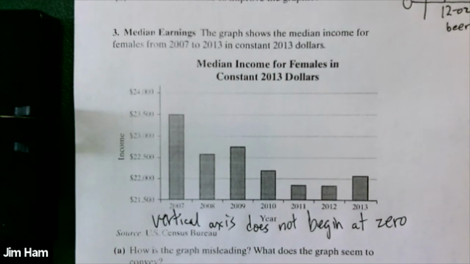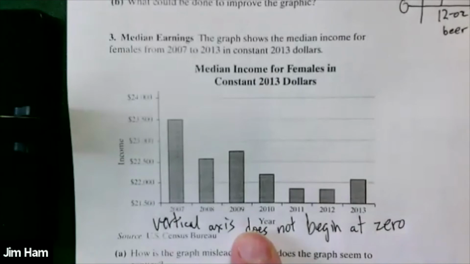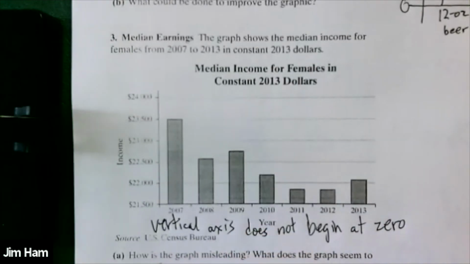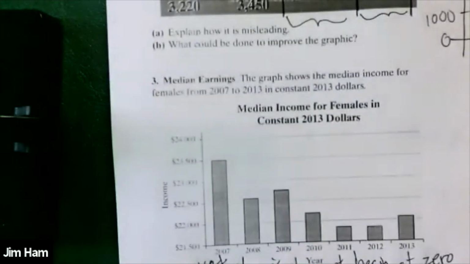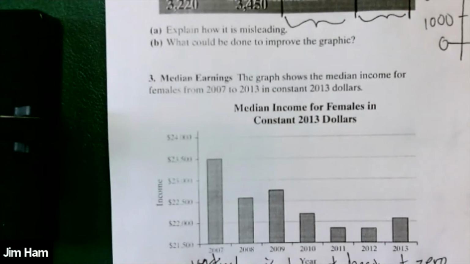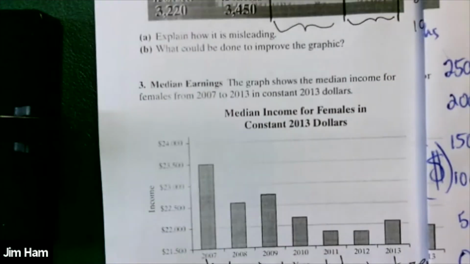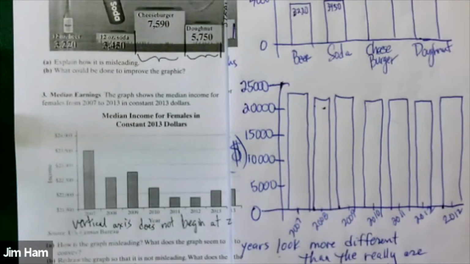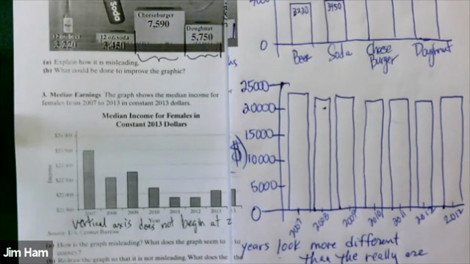Because of that, it makes these small changes between different years look dramatically larger than they really are. So here's what a graph would look like if you started at 0. Same graph. The graph is accurate. Let me just throw this one on here. See the two graphs? They are identical.